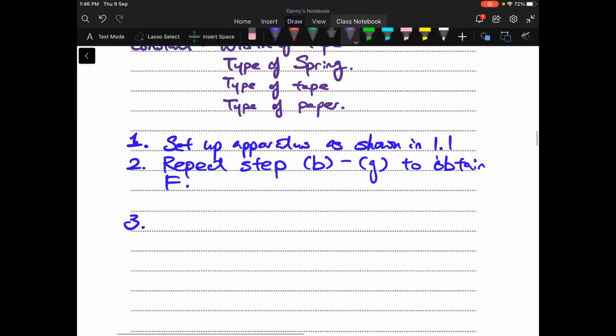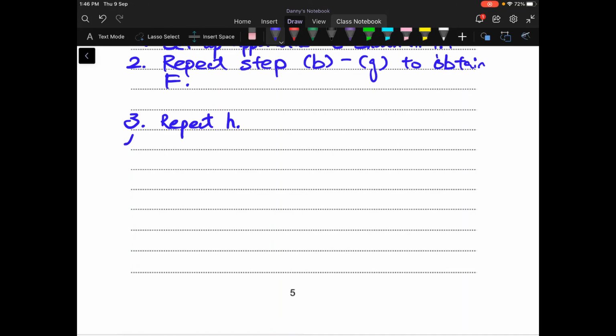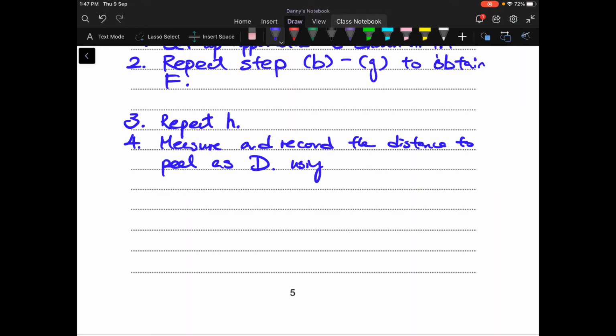I want to repeat step H. So down here, I will say something like I want to repeat step H, right? But this time, I'm going to measure and record the distance to peel as D, right? Using the meter rule.